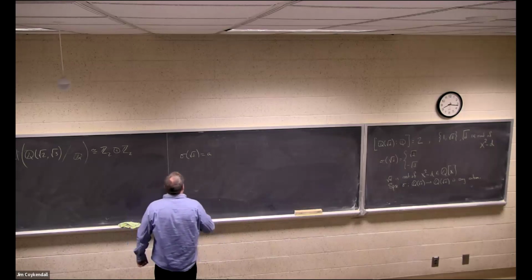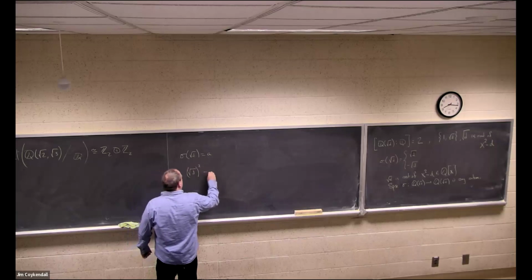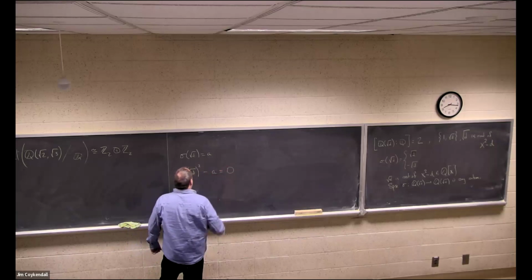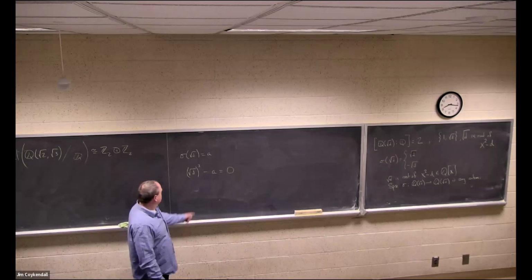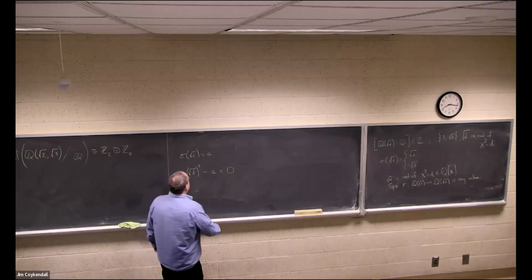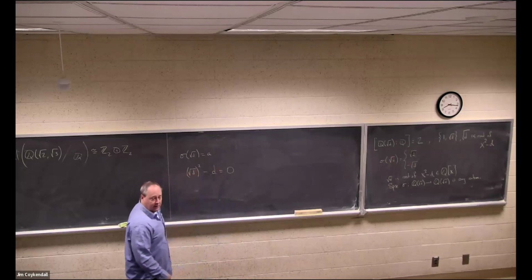Now notice that radical D squared minus D is 0.